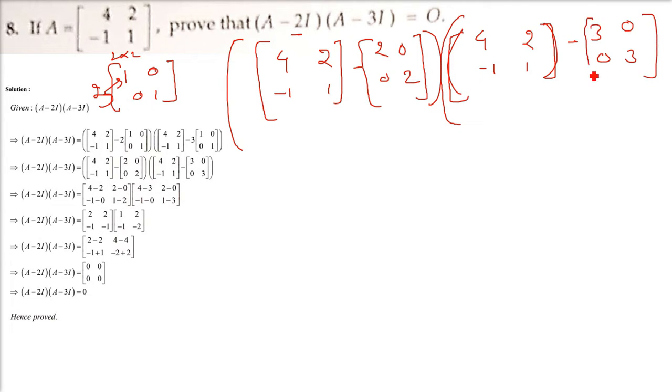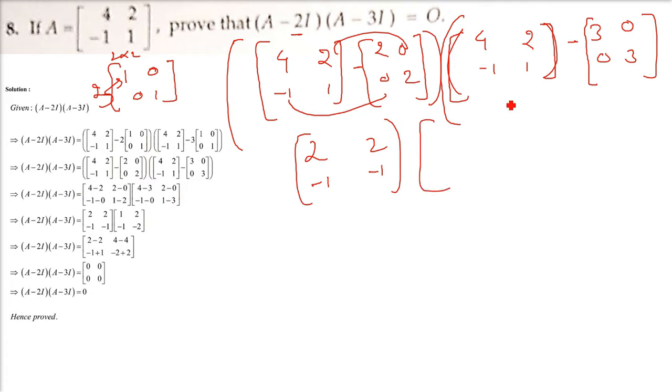4 minus 2 is 2. 2 minus 0 is 2. -1 minus 0 is -1. 1 minus 2 is -1. And the next one: 4 minus 3 is 1. 2 minus 0 is 2. -1 minus 0 is -1. 1 minus 3 is -2.